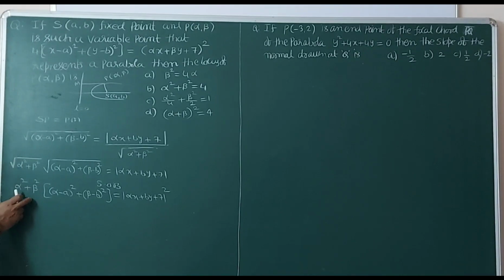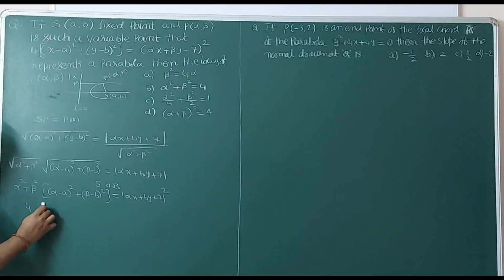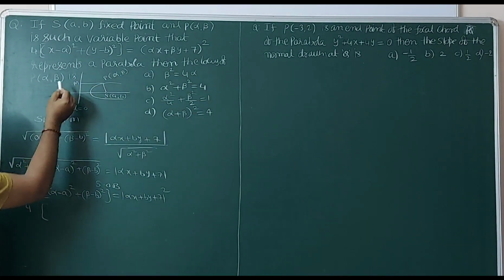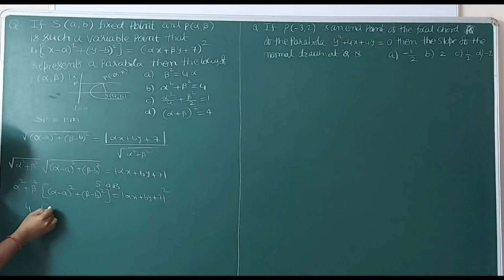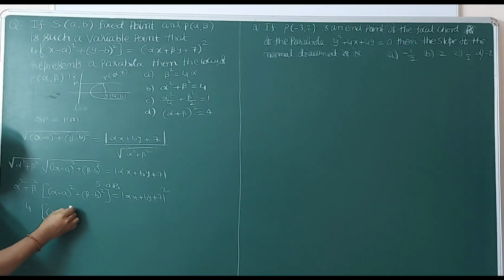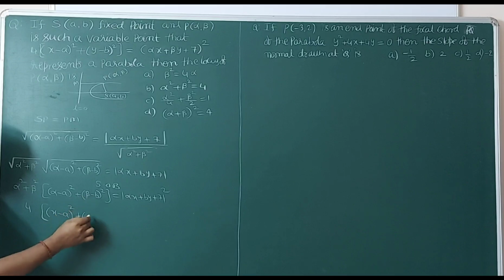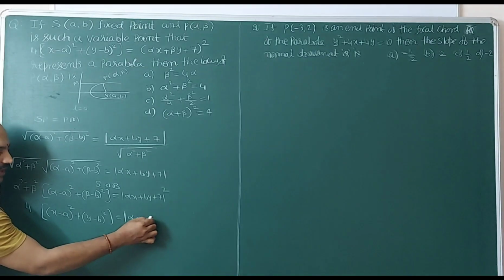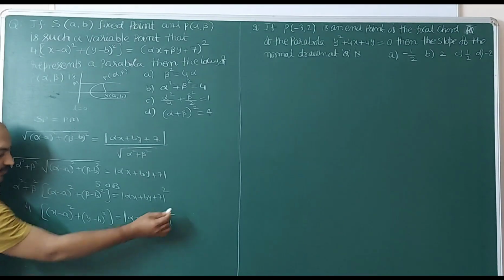Now you have to compare this with the given value. The locus of alpha beta means in place of alpha beta we write x comma y: (x minus a) whole square plus (y minus b) whole square, here already I kept as x, so alpha x plus beta y plus 7 whole square.